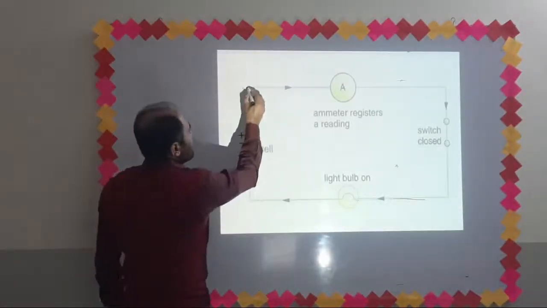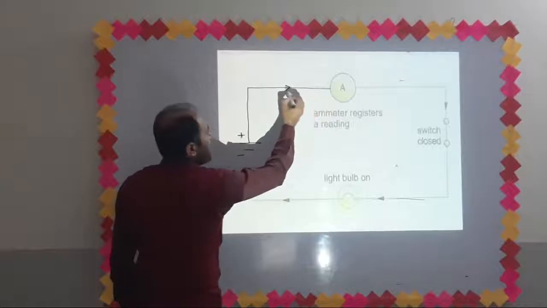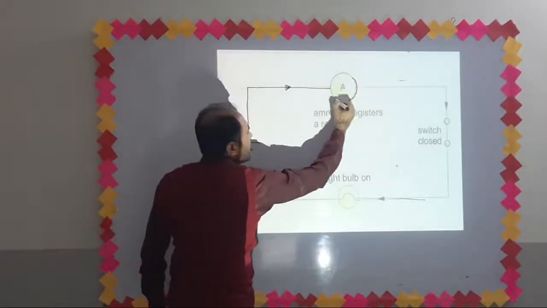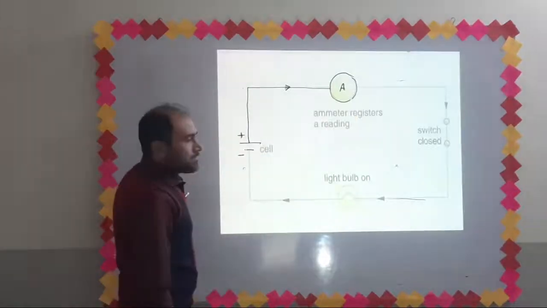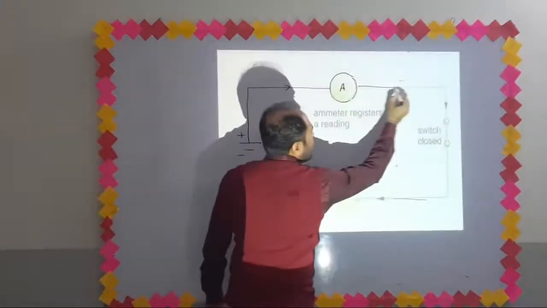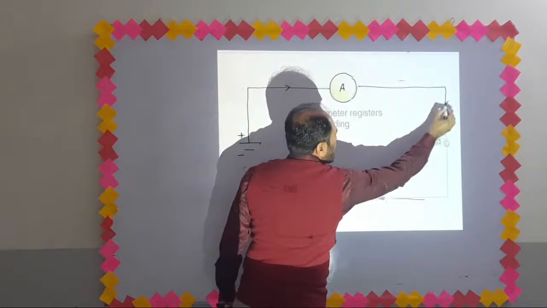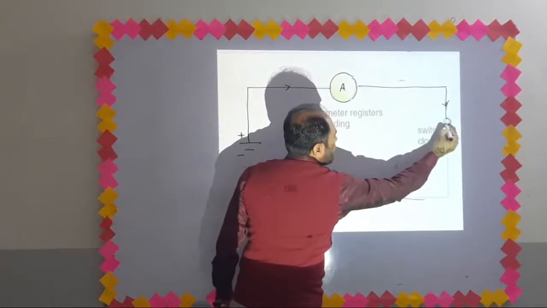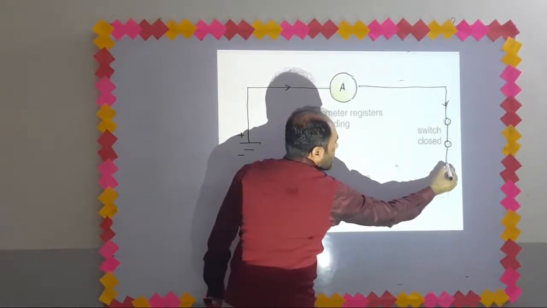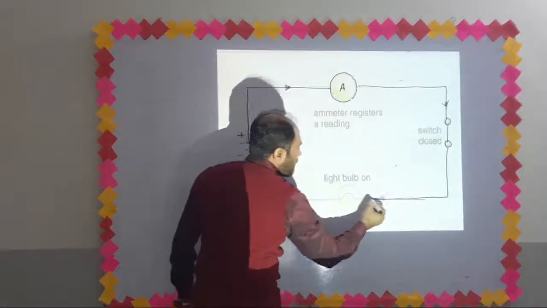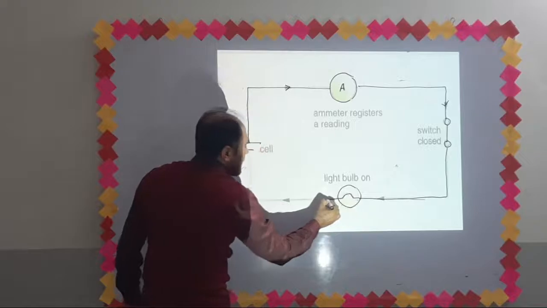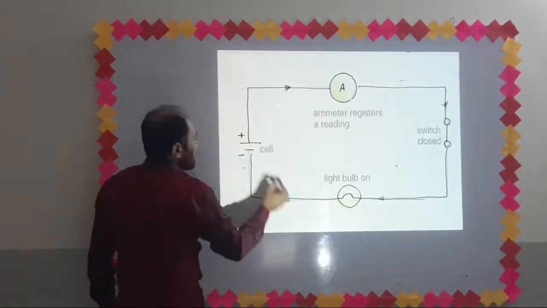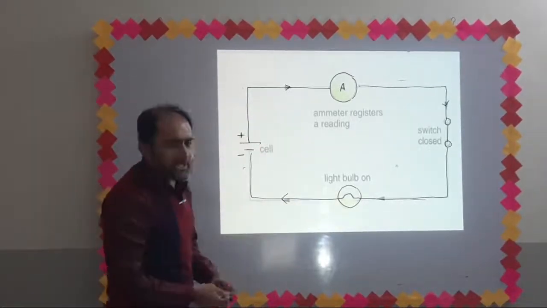This is a conducting wire and here is the symbol of an ammeter for measuring the current. Here is another conducting wire. The switch is closed. The path is complete. Now the charges can flow through this path and the bulb can glow. So this is a closed circuit.